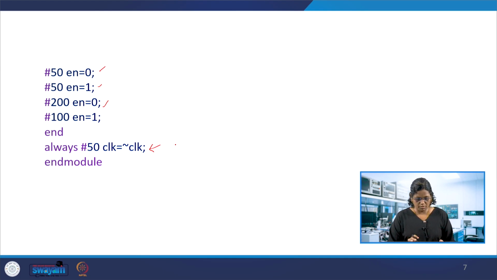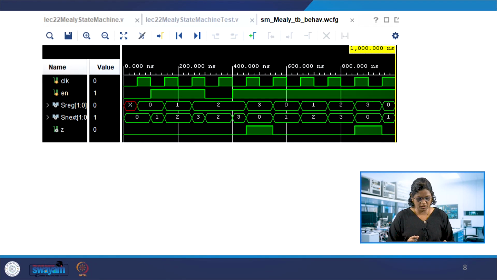So with this test bench, the waveform editor shows the clock. You'll have these clock edges, and then see the enable is 1, not at the clock edge, independent of it.